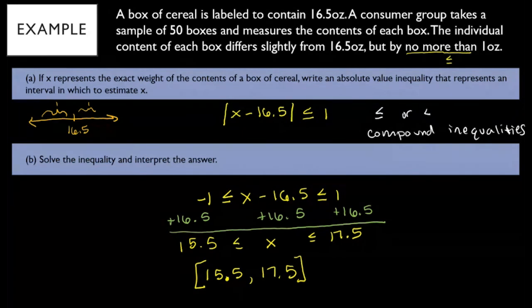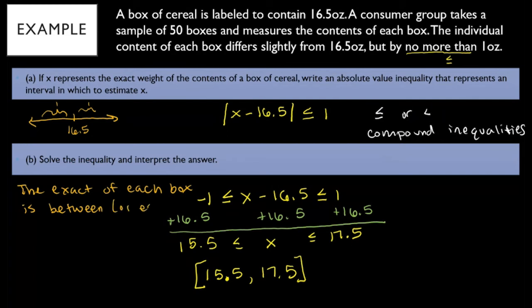So the way that I would write this would be to say the exact weight of each box is between or equal to, because it is a less than or equal to situation, and we need to include that it could be equal to 15.5 ounces and 17.5 ounces.